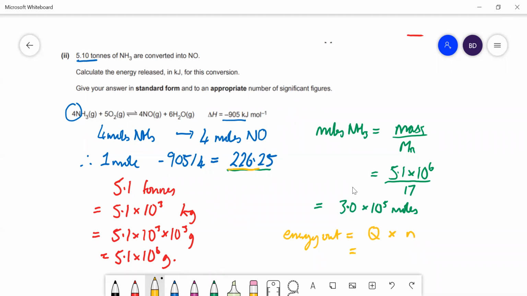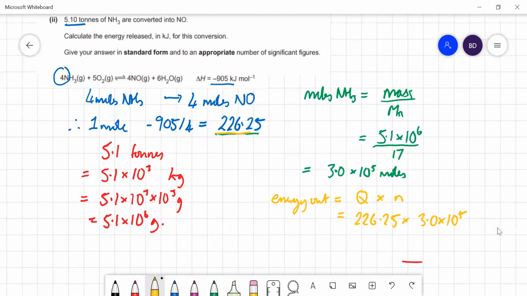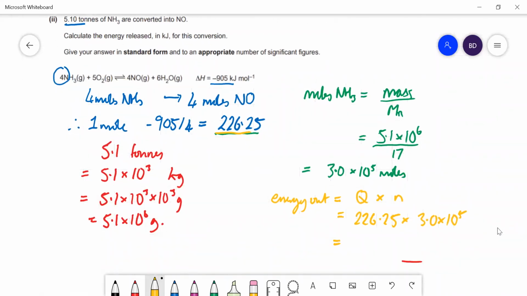The quantity per mole is 226.25, multiplied by the number of moles, 3 times 10 to the 5. That gives us a total of 6.7875 times 10 to the 6 kilojoules.